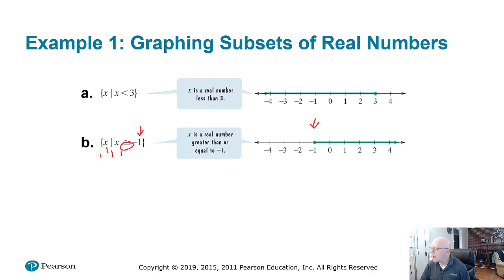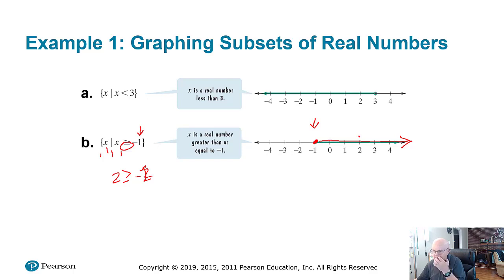And so where we have the dot, since it's equals, we put a solid dot there. And then we check to see which side works. Check a 2, for example. 2 greater than or equal to -1. Yes, that's true. So we picked the right side. So here's our solid dot, and everything to the right is included in that solution set.